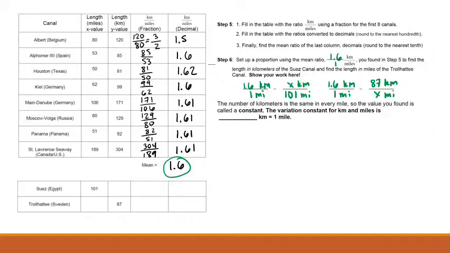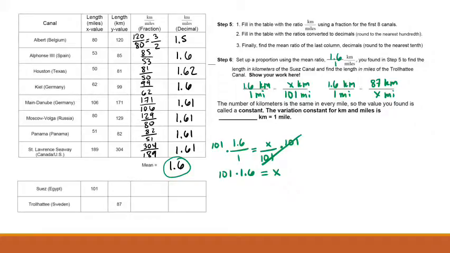So now I'm going to be solving for my missing values. And you should be familiar with how to do that now that you've been solving proportions a little bit in class. So in this case, to undo dividing by 101, I'm going to multiply both sides by 101, and these will cancel out, leaving me with 101 times 1 6/10 divided by 1 will just be itself.